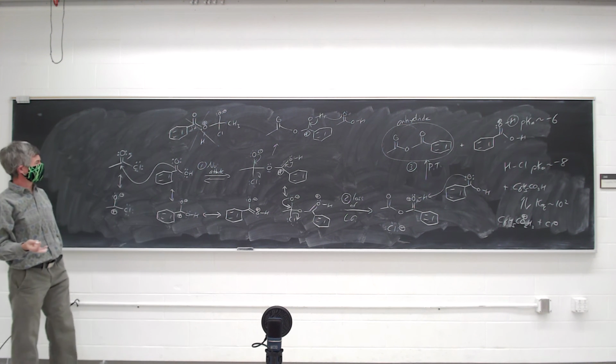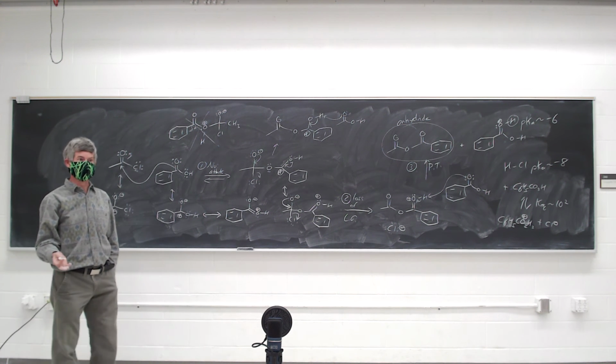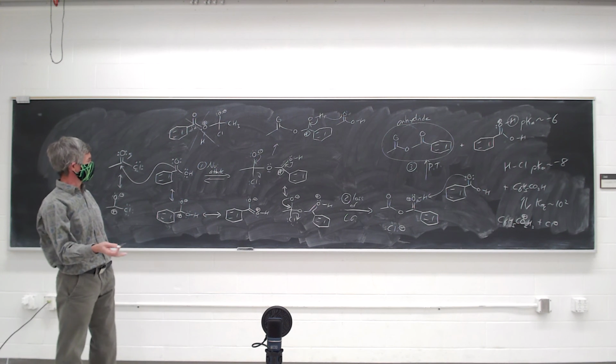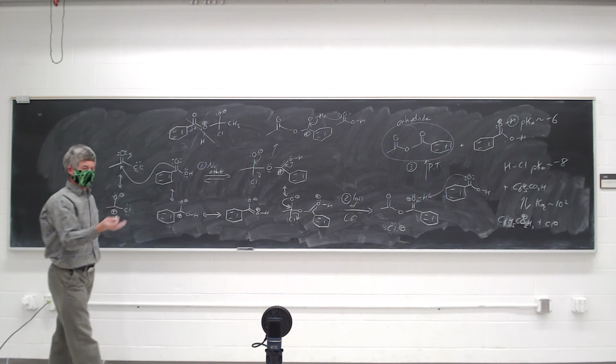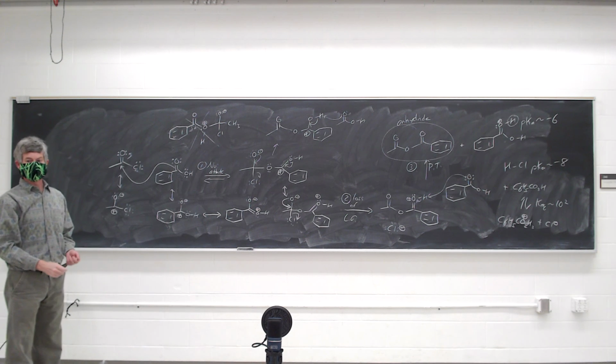So if you know the mechanism for one of these, you know the mechanism for all of them. Nucleophilic attack, tetrahedral intermediate, loss of leaving group, positively charged intermediate, and then proton transfer to generate neutrality.